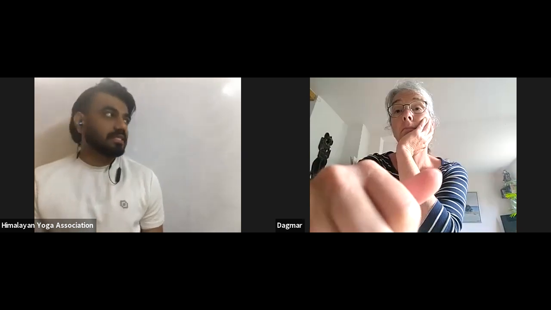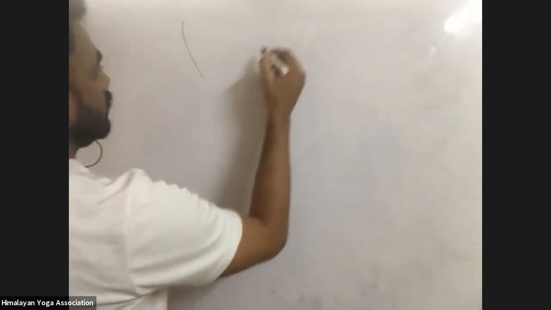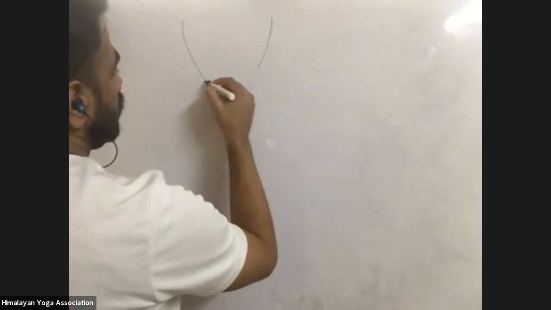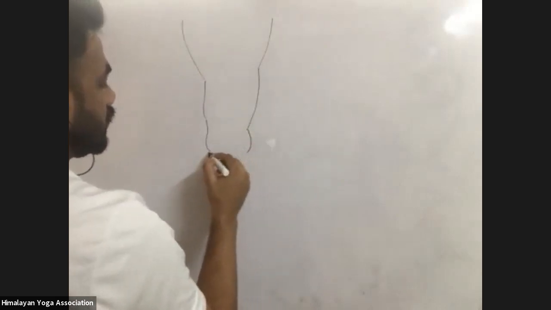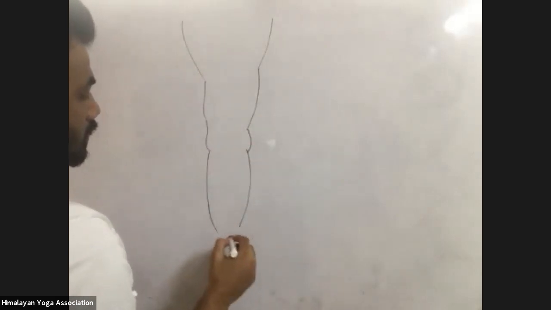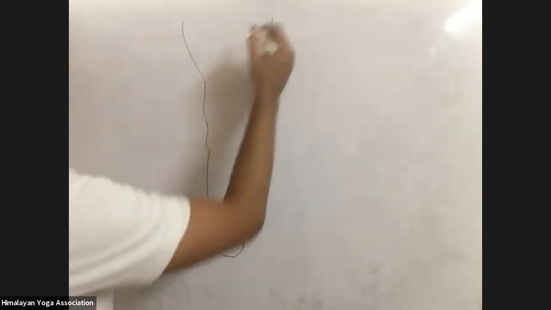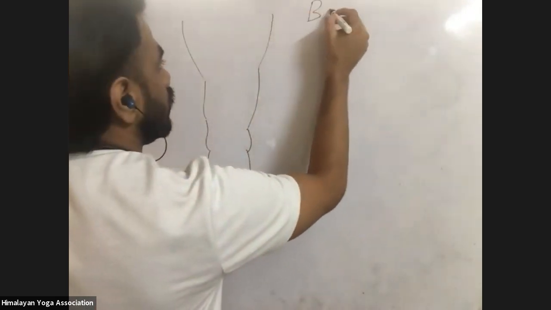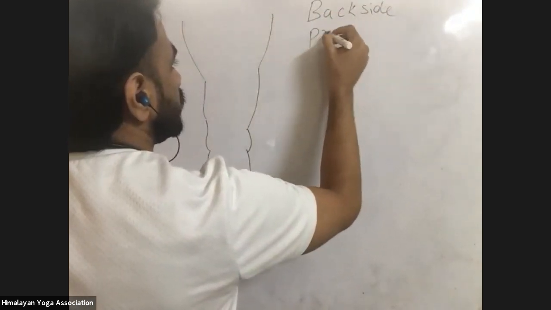Those muscles, the names I will write, or in short, I will tell. So the posterior view of our leg, in short, this is the foot, this is the back view, back side posterior view.